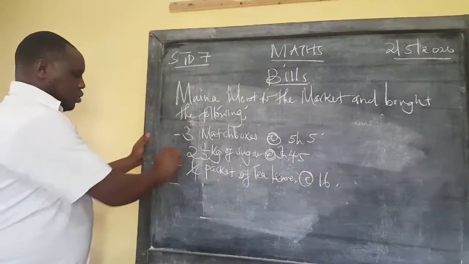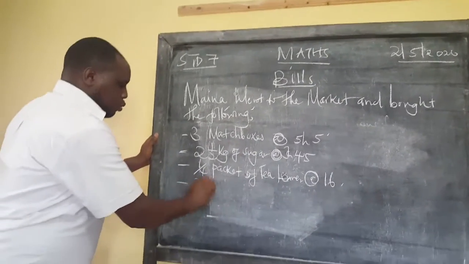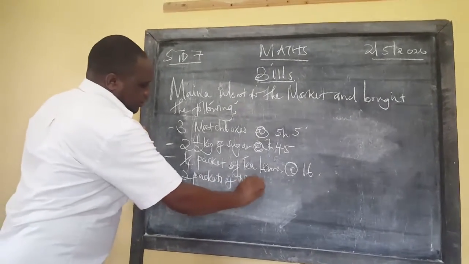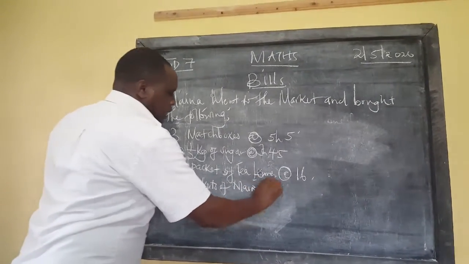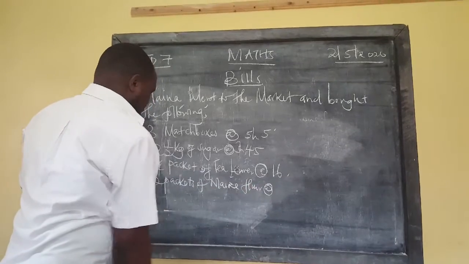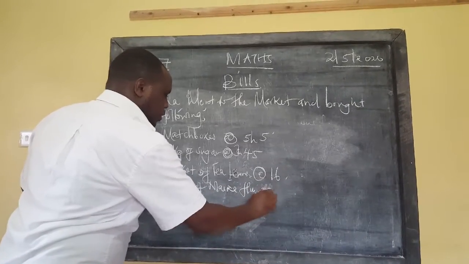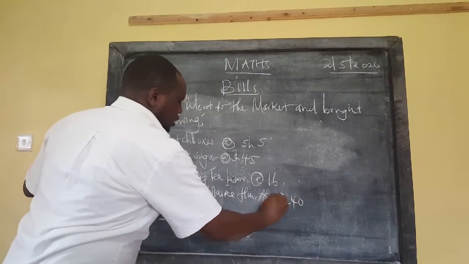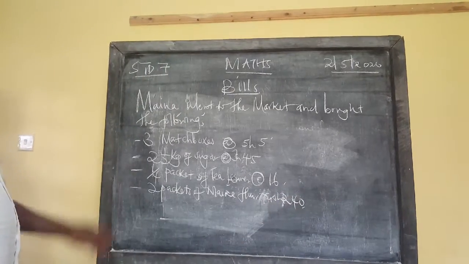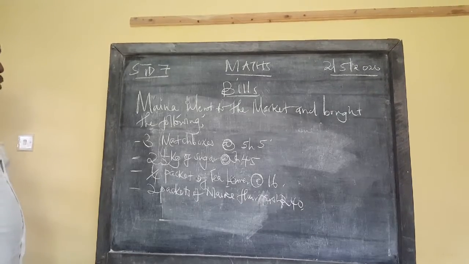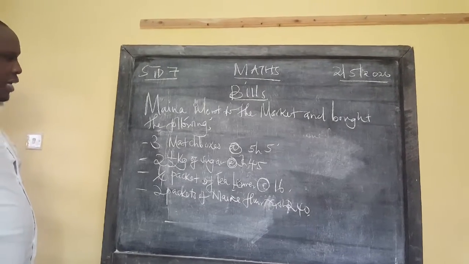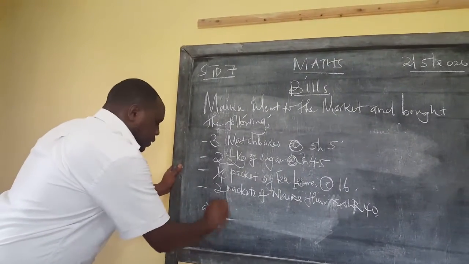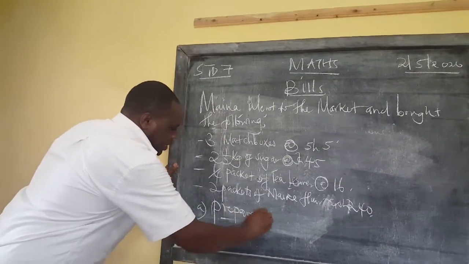And you also bought 2 packets of maize flour at 240 shillings. So in this case, you are asked to prepare a bill for these items. So prepare a bill.